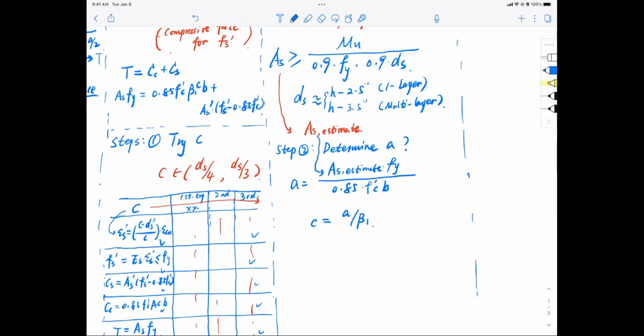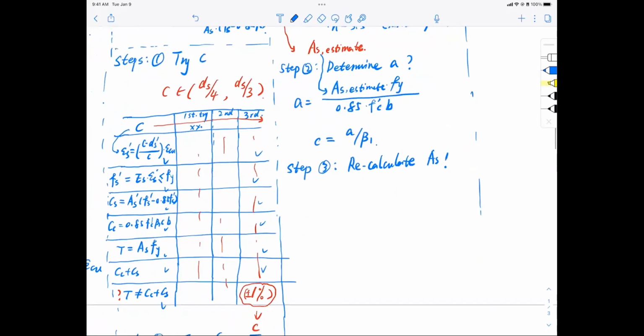And then step number 3 is to recalculate. This is new, folks, pay attention. Recalculate As. How did we calculate As? Now As has to be greater than or equal to, use the same Mu again, and 0.9 again, and Fy, but instead of 90% ds, now you actually have an a to use.